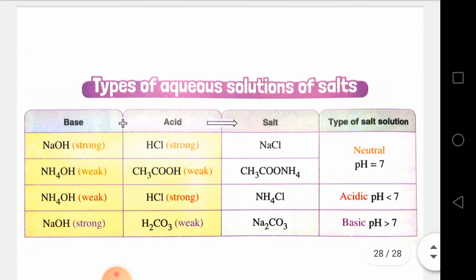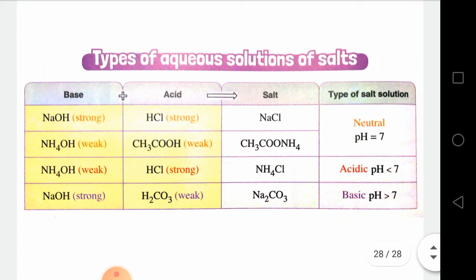Here, we can conclude the types of aqueous solutions of salts. This means that when you dissolve a salt in water and test this solution with litmus paper or with a pH meter, the solution of the salt may be acidic, neutral, or alkaline. How does this come about? It is due to the source of this salt.